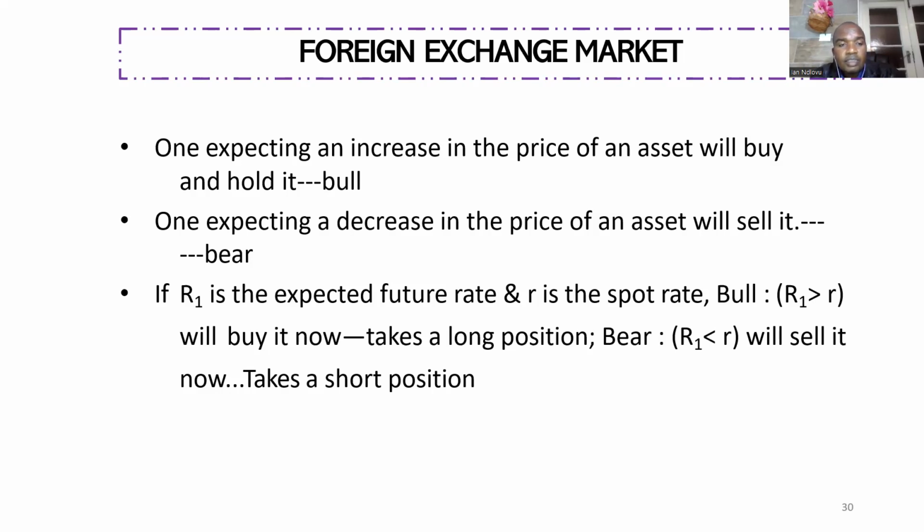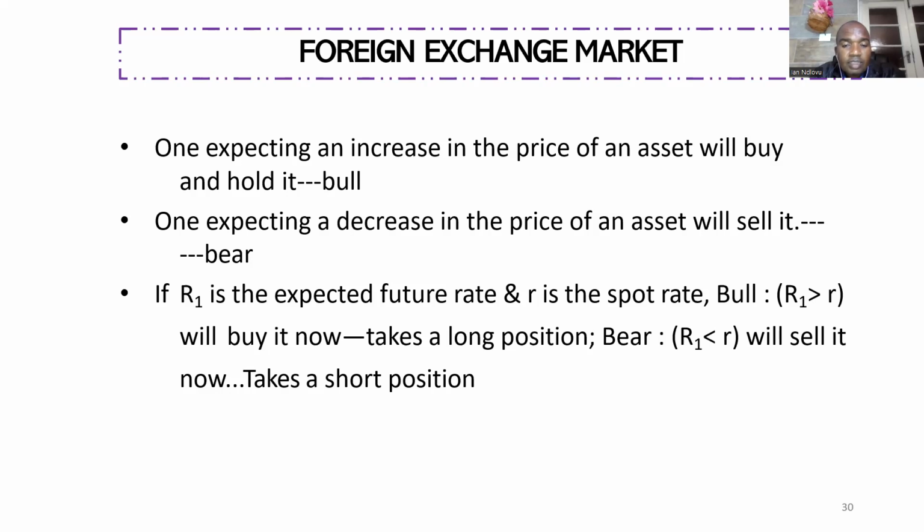But when you are looking at a bear, it's someone expecting a price to decrease. So these people are more given to selling the asset. They would rather offload the asset in order to prevent exposure to foreign exchange risk.